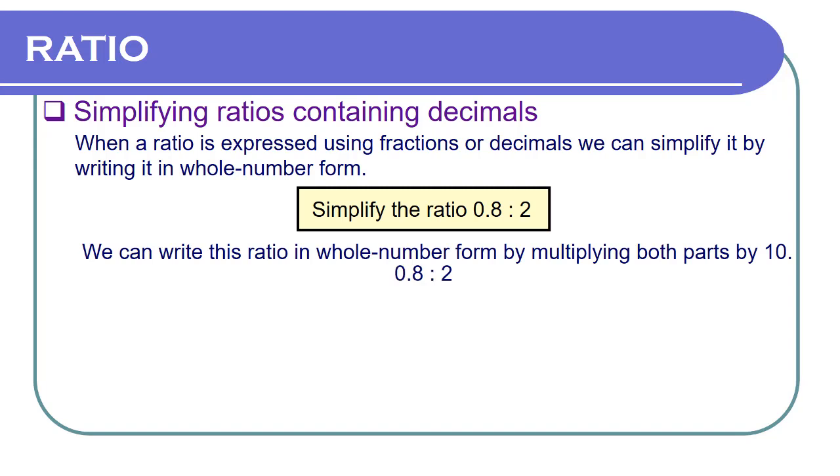If we multiply 0.8 and 2 by 10, we get 8 to 20. 8 to 20 we can simplify again by dividing both numbers by the GCF, which is 4. So we get the ratio 2 to 5.